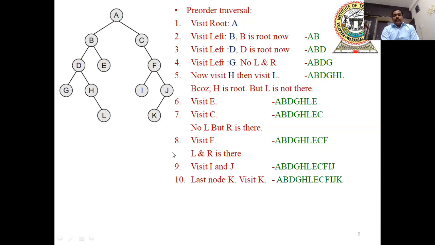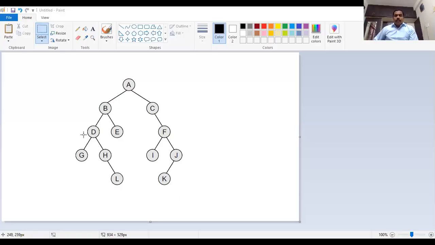So this is the diagram we have to consider for traversal, from the root node to the left child. So what did we do here in pre-order traversal? First we visited A, then we go to the B node. First we visited the root node, the root is over, then we visit the B node.